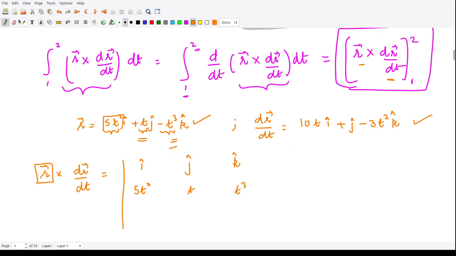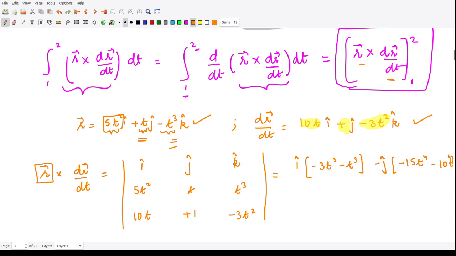And for the components of dr by dt, they are 10t, plus 1, and minus 3t square. So we have to solve this determinant, so it would be i cap into minus 3t cube minus t cube, and then minus j cap into minus 15t to the power 4 minus 10t to the power 4, and then plus k cap, you have 5t square minus 10t square.